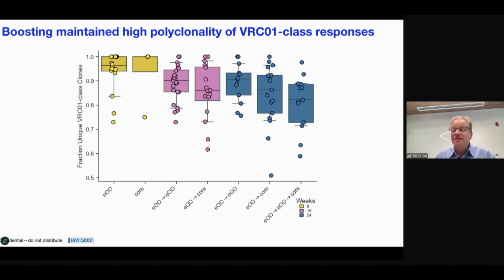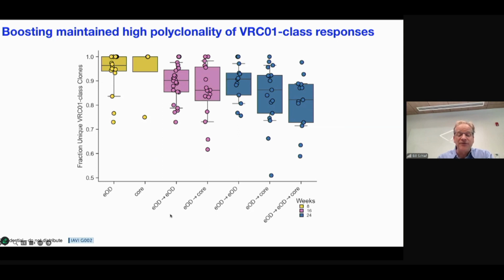I mentioned about G001 that one of the reasons we think it was able to induce VRC01 class responses in 97% of the participants was that it could trigger diverse precursors. And this graph is showing the same thing, basically in a different way, for G002. We did hierarchical clustering, for the different time points and for the different vaccine regimens that were received.